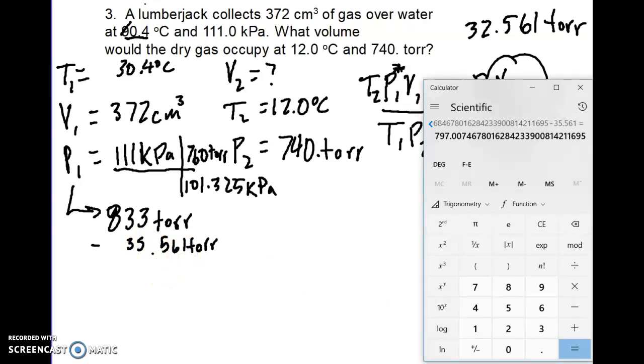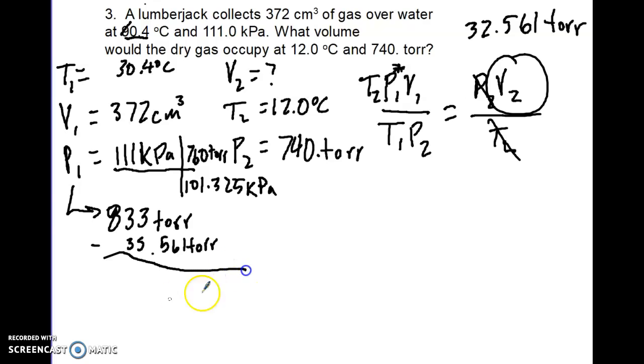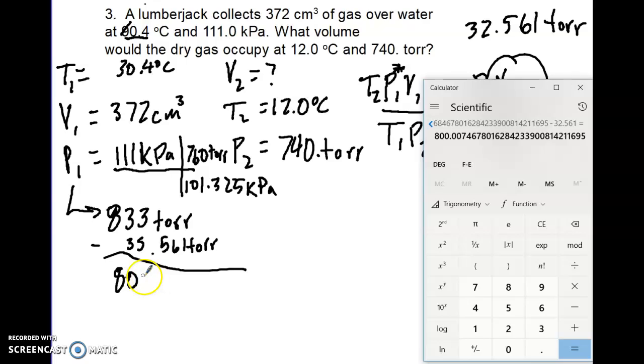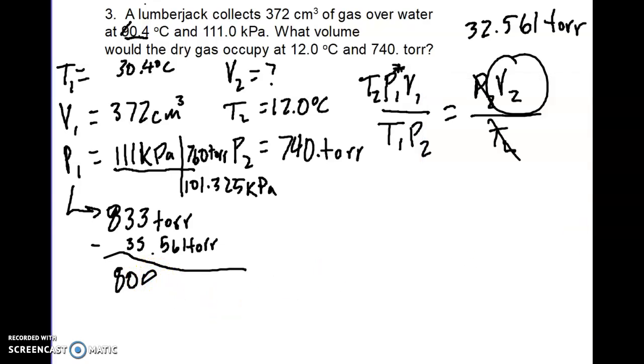Let's try that again. So I'm going to subtract 32.561. There we go. So that should be P1 of 800. Zero, a little nicer. 800 torr. Okay, so that'd be my P1.